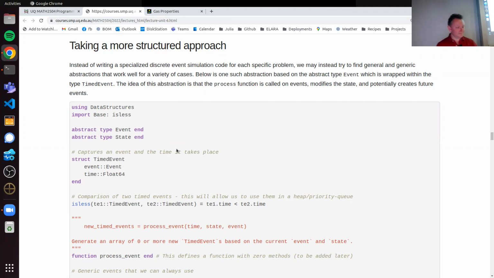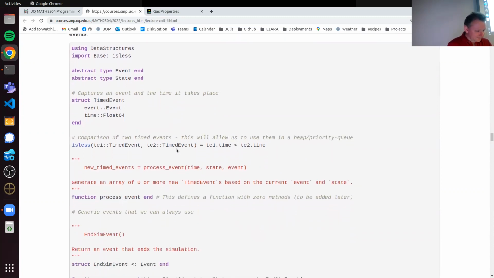That's the subtext of this course: doing actual real programming to solve your maths problems rather than just a little hacky MATLAB script or something.